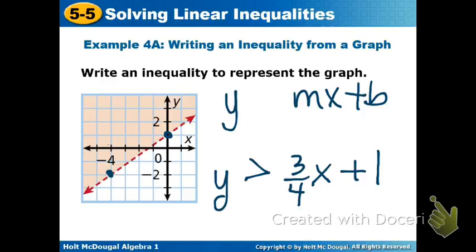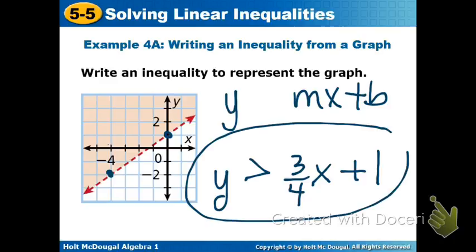Then we need to check and see if it would be an equal to or not. Notice that we have a dashed line. So is it going to be equal to? No. So the inequality of the graph shown is y is greater than 3/4 x plus 1.